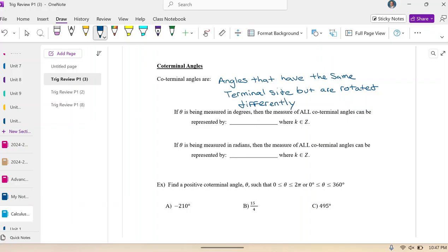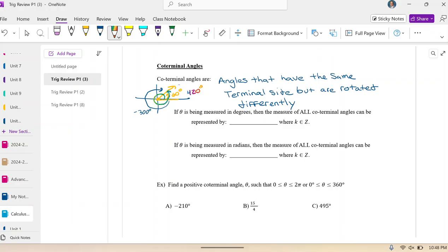For example, if we had an angle that's 60 degrees, a coterminal angle would look the same. You could go the negative direction and say it's negative 300, right? Or you could add a full circle and go 360 plus 60, so 420 degrees would also be coterminal.